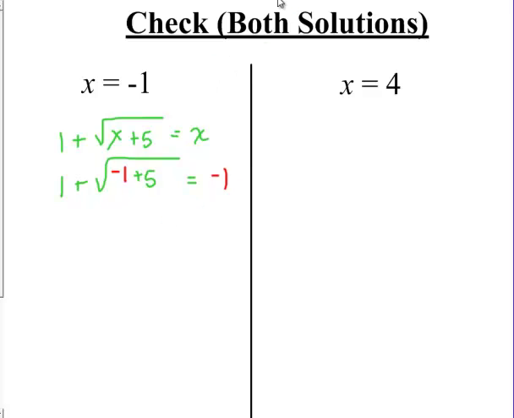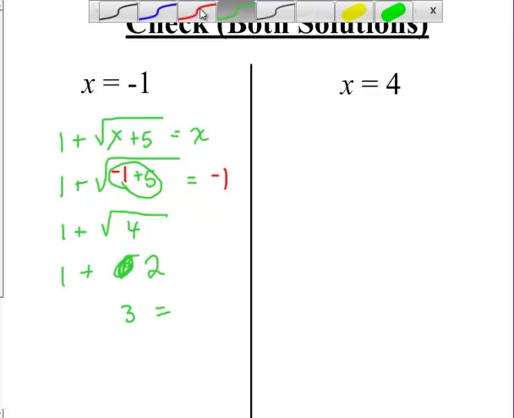Let's check it out. Negative 1 plus 5 is 4. The square root of 4 is 2. 1 plus 2 is 3. That doesn't equal negative 1.